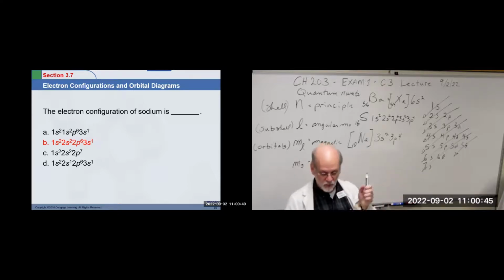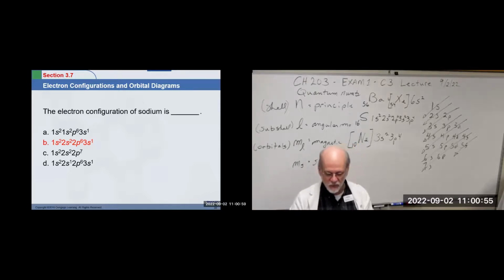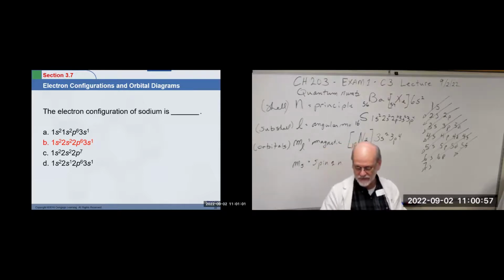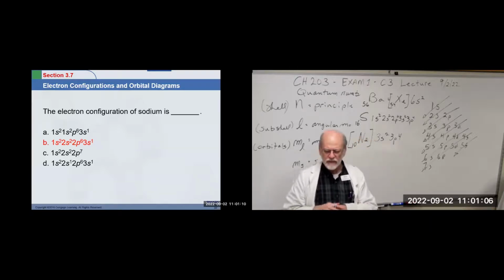It's got only one s electron. So that's why when sodium forms an ion, it forms a +1 ion, because it gets rid of that one electron. If it gets rid of that one electron, what does it look like then? It looks like neon, right?